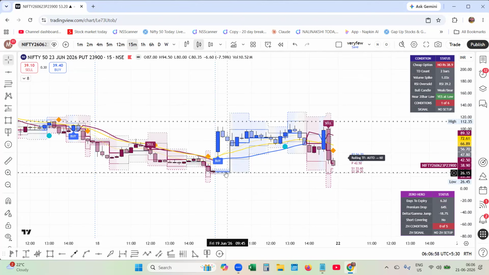You can see the squeeze of the pivots over here and a huge gap up. The same thing happened in the underlying. So this 23,900 put option went from 55 to 104.